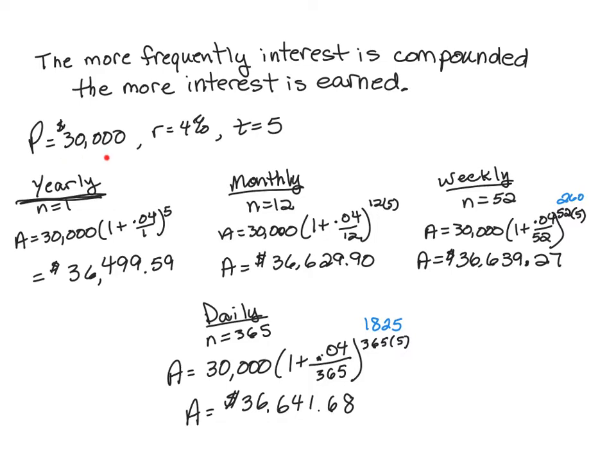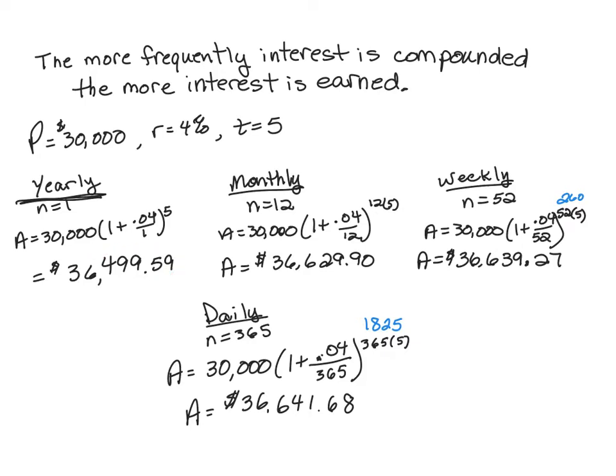So let's use the same parameters here, 30,000 at 4% for 5 years. If we compound yearly, that's once a year, all right? So you have your interest rate divided by the number of compoundings in a year, raised to 5 times 1. Once you plug this in your calculator, stop the video right now and do that, and make sure that you get this value right here.